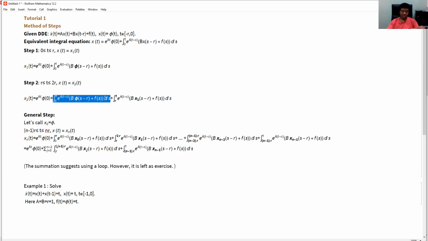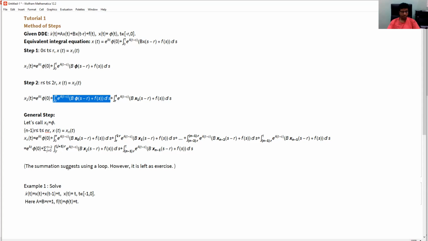Once we compute this, it will be required for x3, x4, and so on. So we are going to call these terms by certain names. I'm trying to keep it as simple as possible. Those who are interested in writing a program can write a program. In case of any problem, they can ask me. I will help.